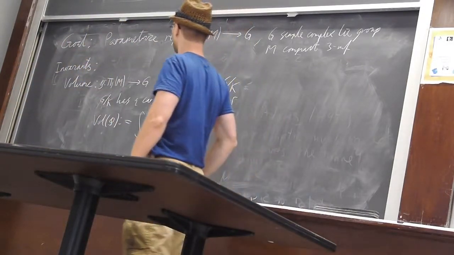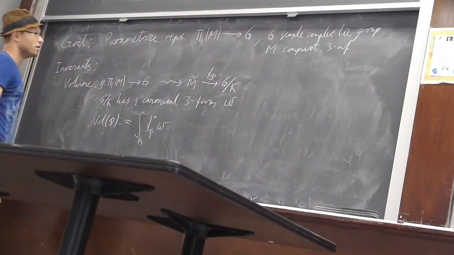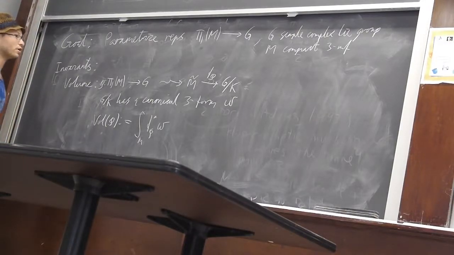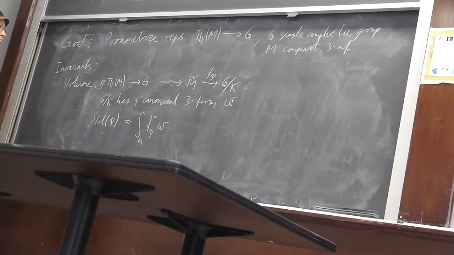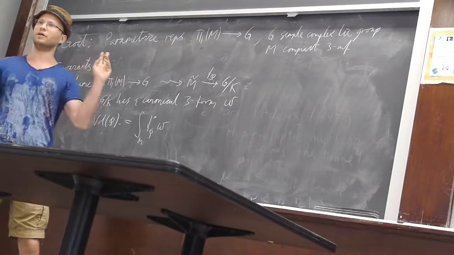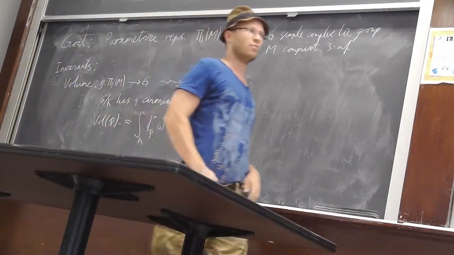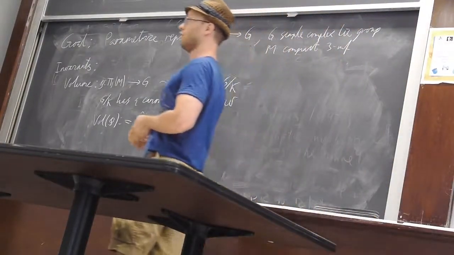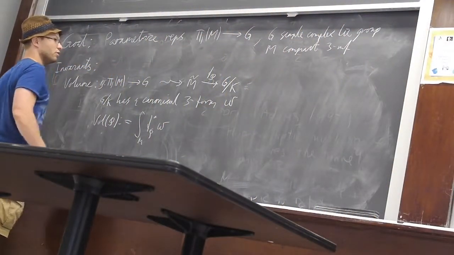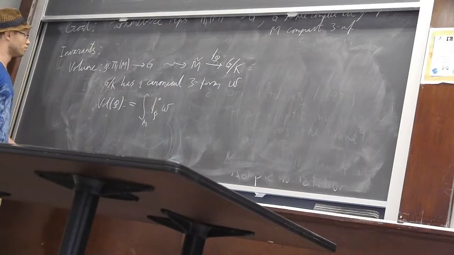So why do we call this volume in general? If G is just any complex Lie group, it's not at all volume in any usual sense of the word. But as we shall see, it's actually something that has some mysterious relationship to volume. And if you use the Lie group SL2C, you can see that it actually is volume.